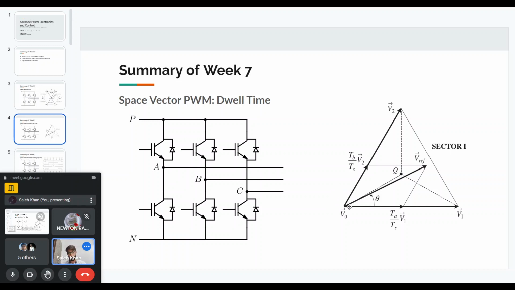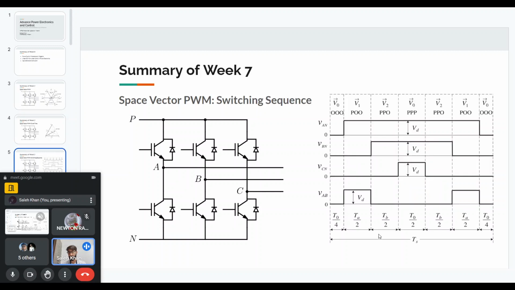Now, if we have these timings of Ta, Tb, and T0, the question is, how do we switch from V0 to V1 to V2? We have a full Ts time interval. How do we switch between these to get optimum performance? What is done in conventional space vector is that we have 7 subintervals in one switching time interval.